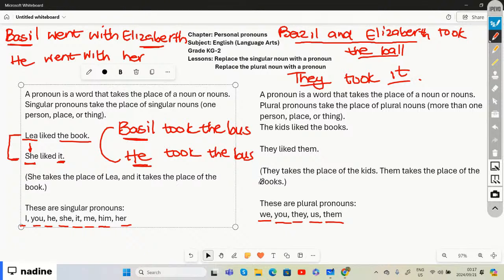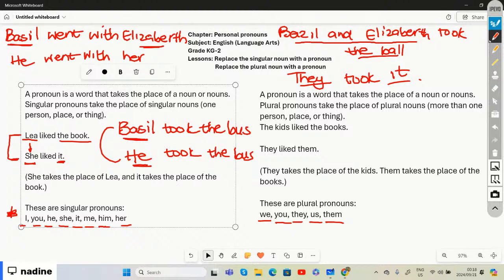And here we have a few common pronouns. These are singular pronouns: I, you, you're referring to one other person, he for a boy, she for a girl. It can be anything, like a thing, like a book, like a ball. Sometimes you even say it for animals.